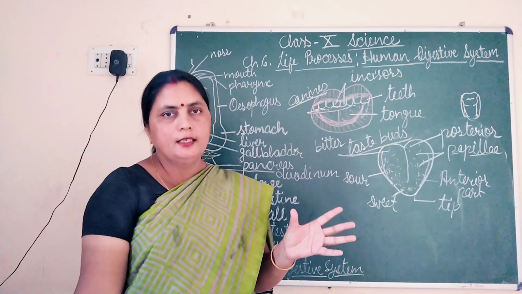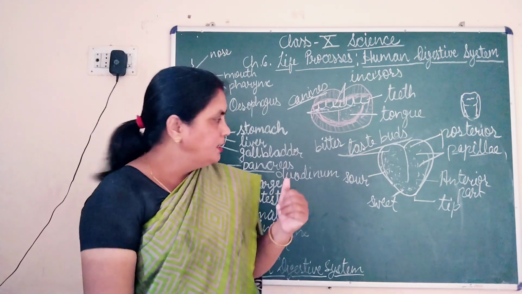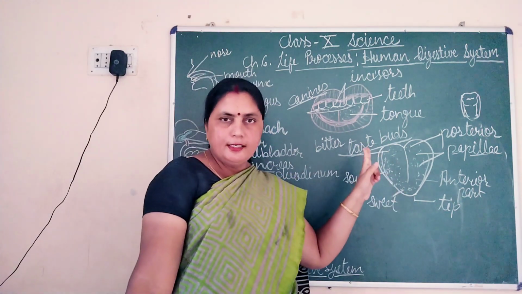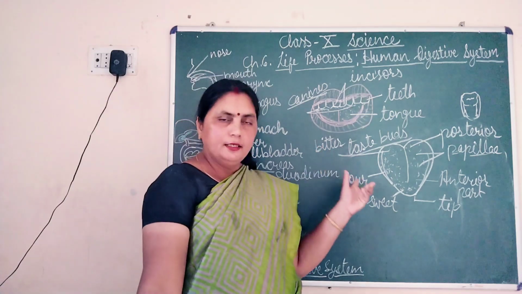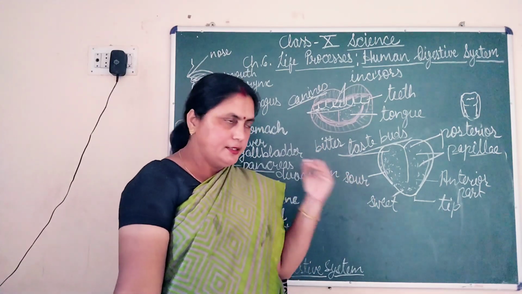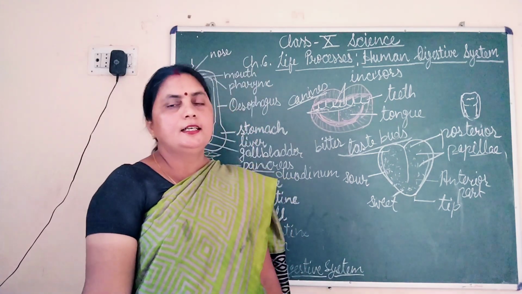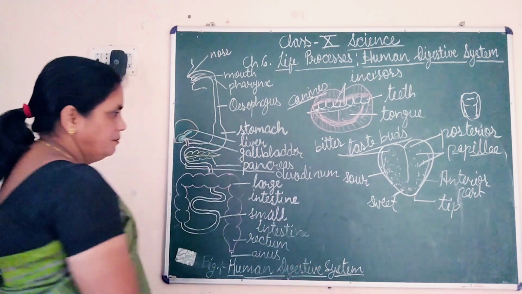Because of its movement, the food is brought between the teeth, and it is provided with taste buds which help us to know about the various tastes, sweet, sour and bitter, etc. And also it helps in speech, that is, it helps us to speak. So this is all about mouth.